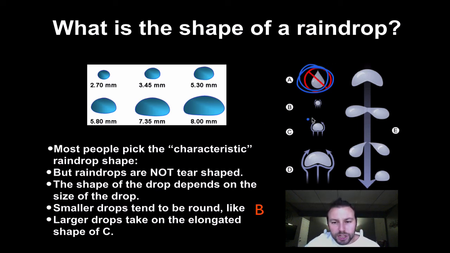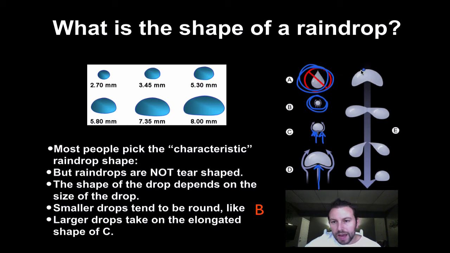Depending on its size, its shape is going to change a little bit. Very small droplets are going to be very circular. As they get bigger, they have a greater effect of air on them, or air resistance. And what happens is their shape changes. The bigger the drop, the more resistance the air it has, so its shape changes. It gets more elongated.